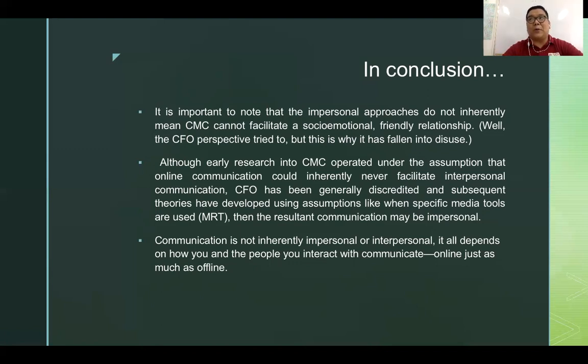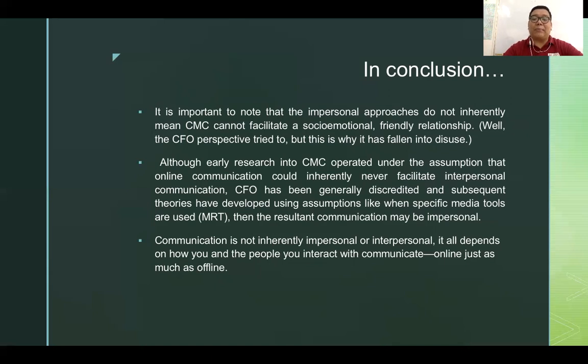So we need to understand also that impersonal communication exists in society. So sometimes we think that it's interpersonal because you're talking with another person, but is there enough interaction? Are social and emotional cues present in the communication process? Otherwise, communication is not interpersonal, but impersonal.